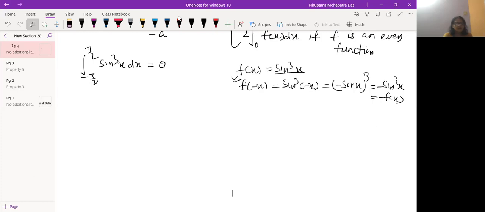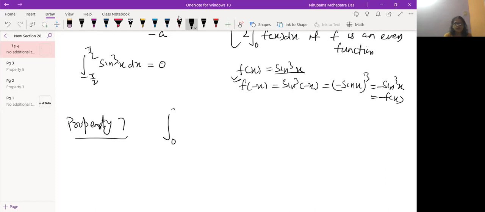Okay, this is the last property, property number 7. Property number 7 is somehow a bit similar.